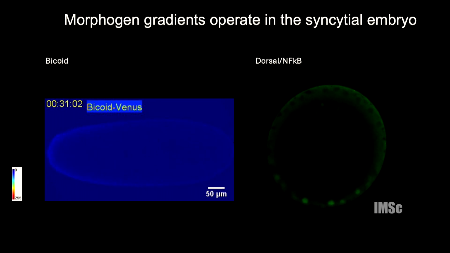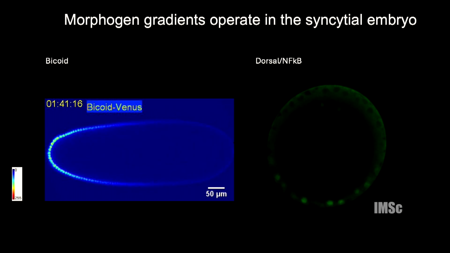As the divisions take place, the amount of signal present does increase over time. This kind of method allows you to quantify the amount of signal across the division cycles in this syncytial embryo.